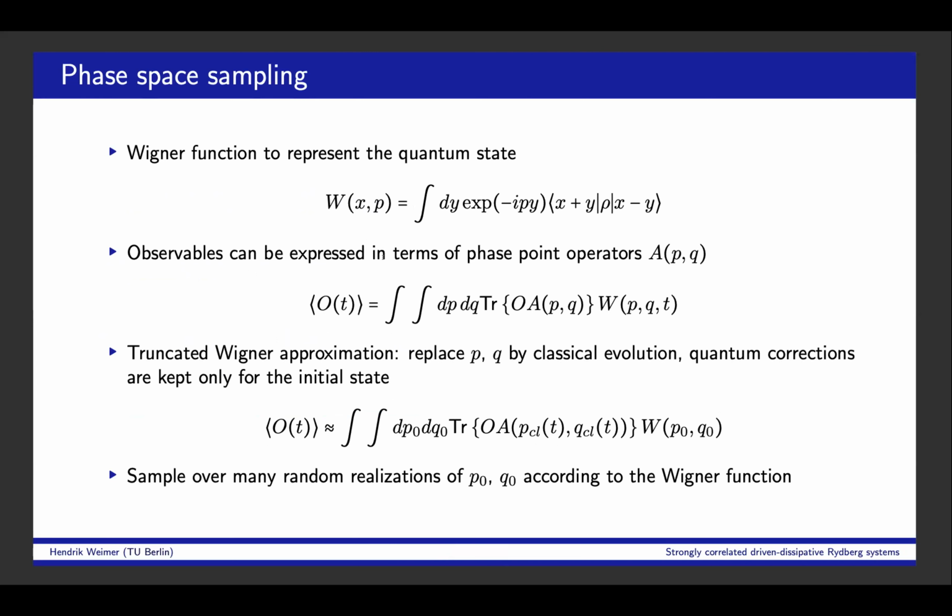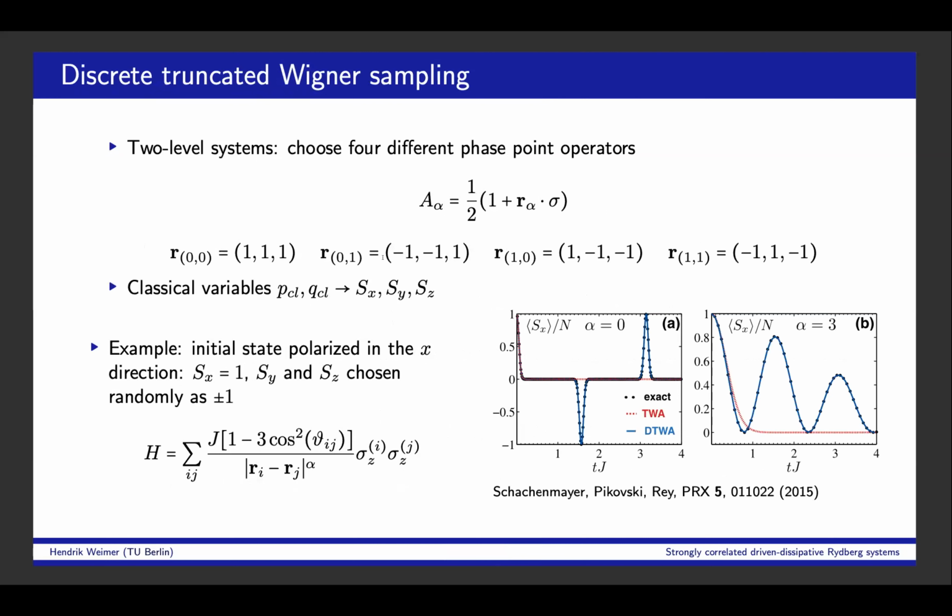And the idea of the truncated Wigner approximation is that you replace these phase point operators, which is still exact, by essentially classical trajectories, and all that is quantum is encoded in your initial state. So you can also do this now for spin systems.